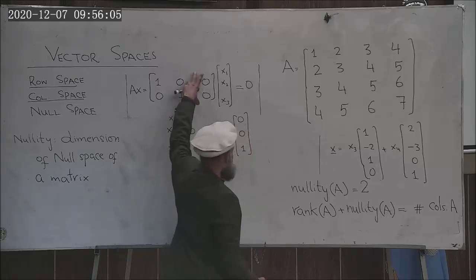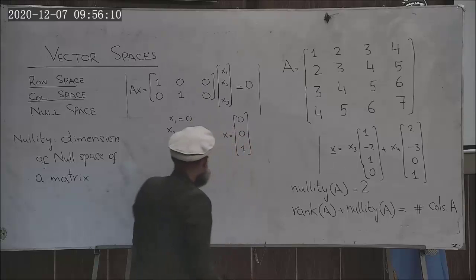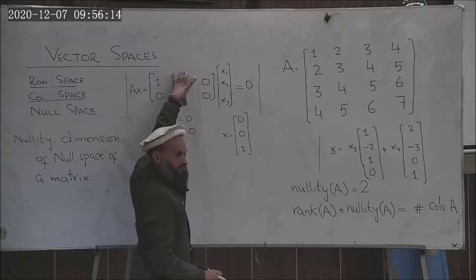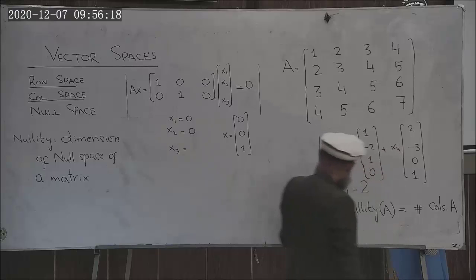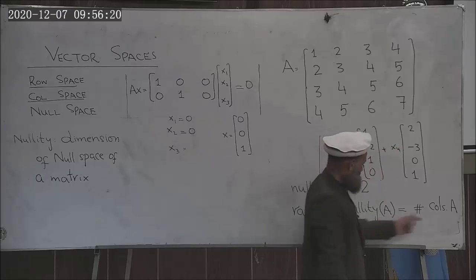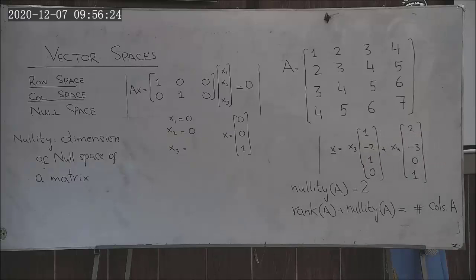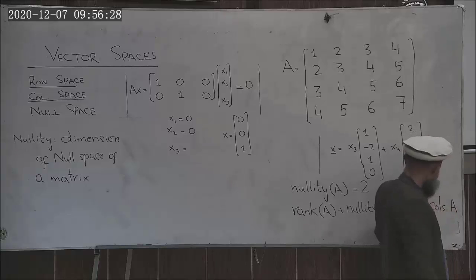The dimension of the null space of this matrix is equal to 1. And what is the rank of this matrix A? 2. So is this satisfied? Rank plus nullity is equal to the number of columns. The other one, if I write rows over here, will not be satisfied. So here it is columns.